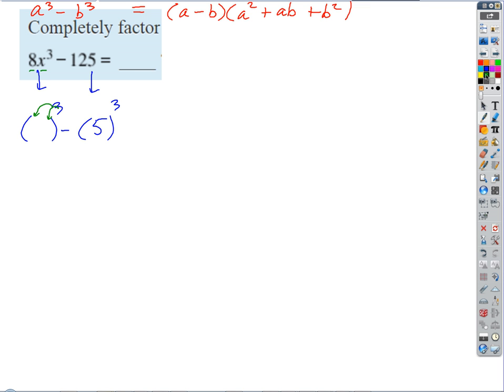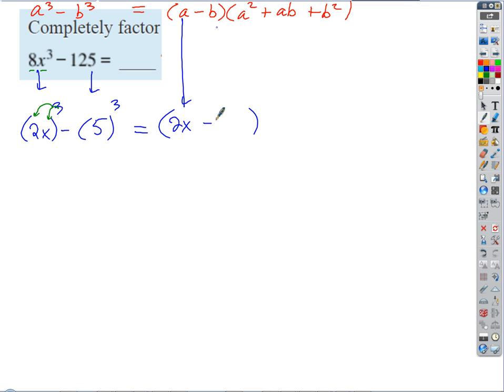Everybody see that? Because 2 cubed is 8 and x cubed is x cubed, right? Okay, so now we got a match. We know that our A is going to be replaced by 2x and our B is going to be replaced by 5. Now we just follow the pattern, right? That's it. So the little factor is going to be what?